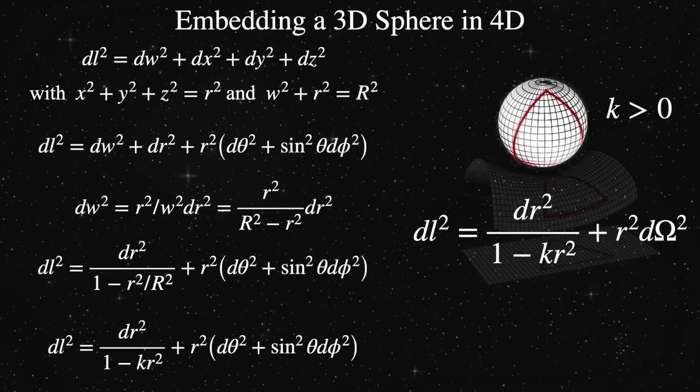Here, k is the curvature constant and can range from large positive values to 0 to large negative values. Previously, in the hyperspherical coordinates, it was either +1 or 0 or -1. This k is different. The final form of this metric for positive values of k is given on the right, where we've once again used the isotropy of space to emphasize the simple angular dependence.